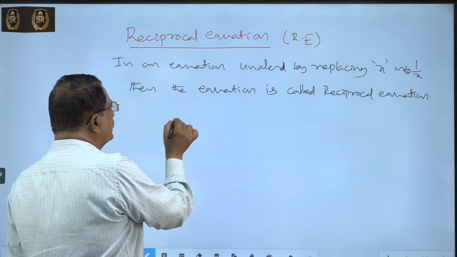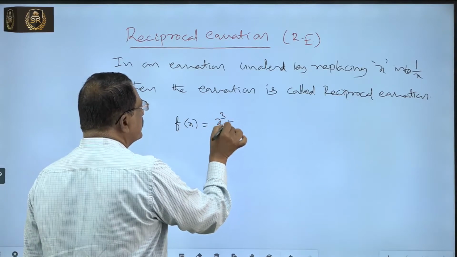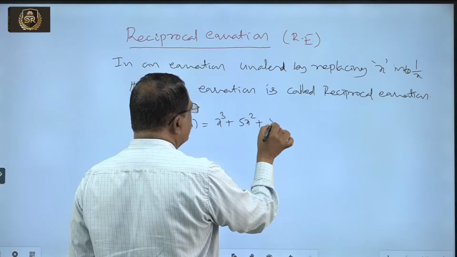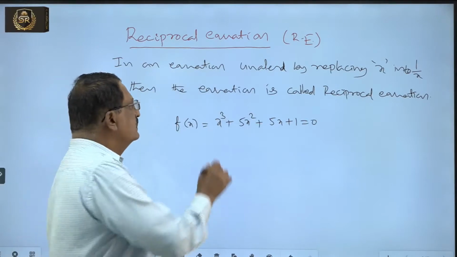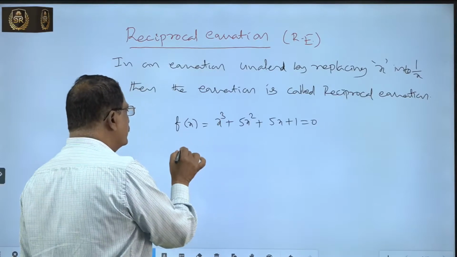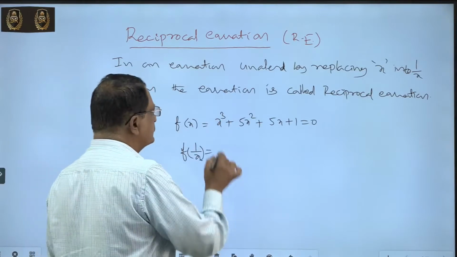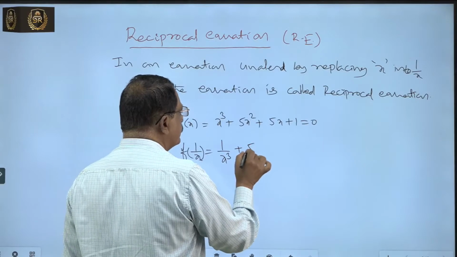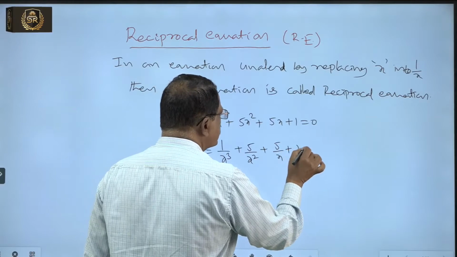For example, suppose f of x equals x cube plus 5x square plus 5x plus 1 equals 0. Now, f of 1 by x: at place of x, we replace 1 by x, we get 1 by x cube plus 5 by x square plus 5 by x plus 1 equals 0.